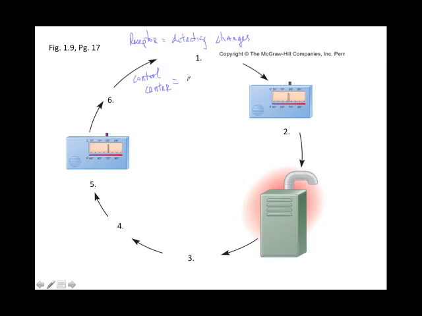And this is what receives the signals and processes those signals from the receptors. It decides what to do. This would be our nervous system, our brain, spinal cord, brainstem. And then we have what we call an effector. This is what carries out the response.